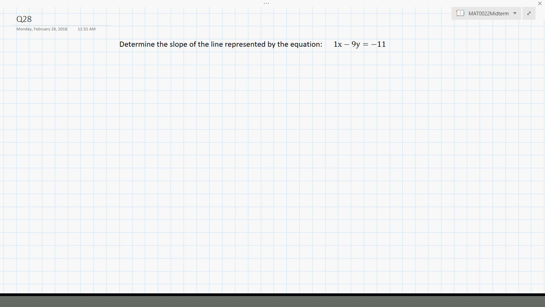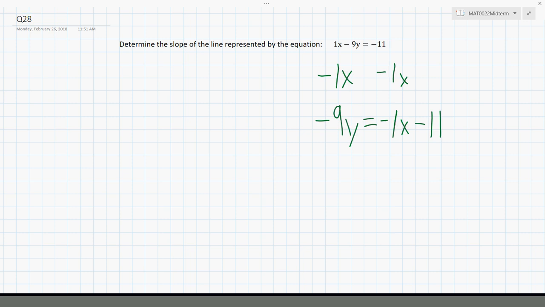Alright, so minus 1x from both sides. We can make -9y equals negative 1x minus 11. What's my next step? Add 9y? Why are we adding?